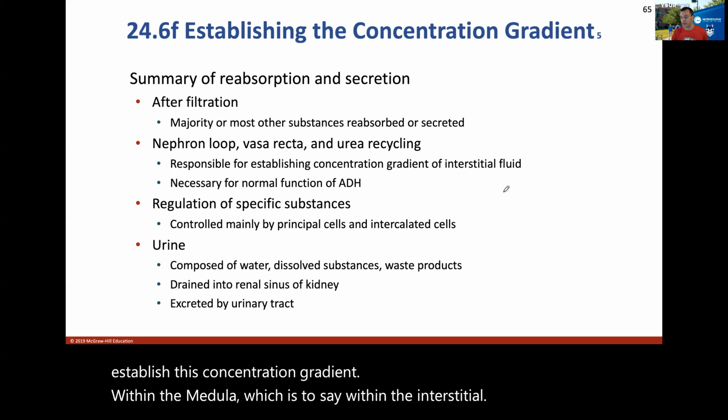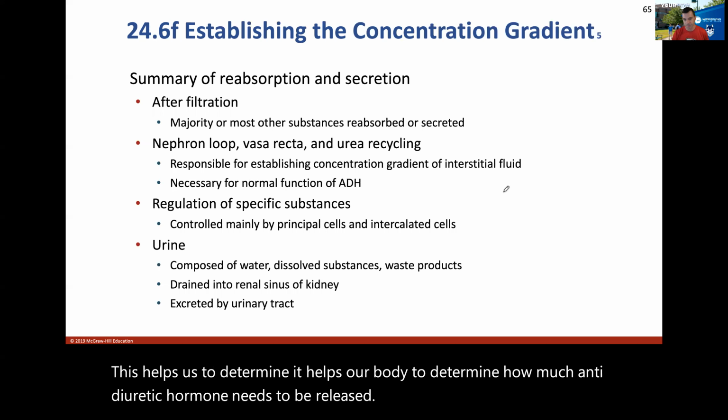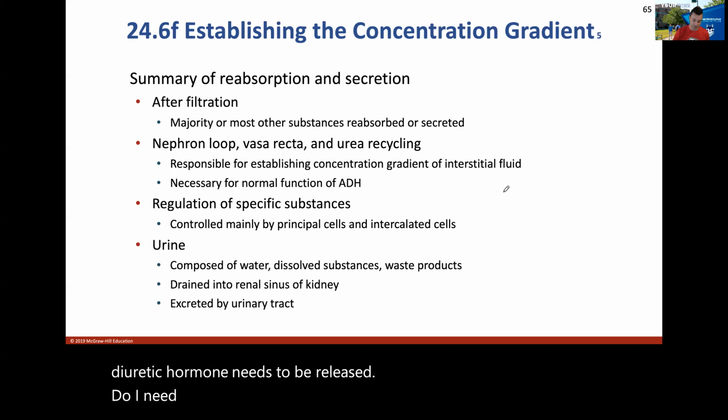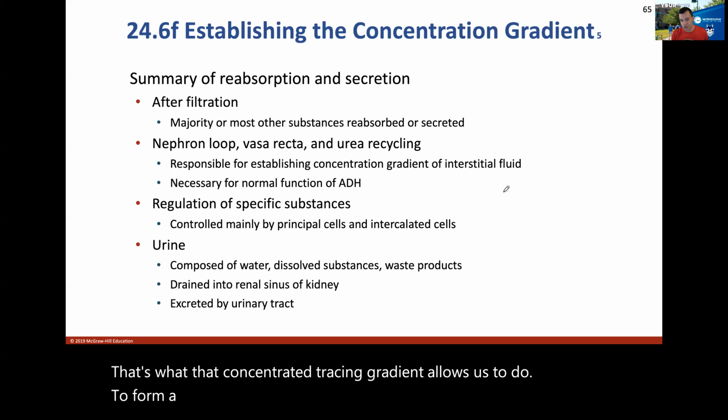This helps our body to determine how much antidiuretic hormone needs to be released. Do I need to release a lot of it? Do I need to release none of it? Very little of it? That's what that concentration gradient allows us to do, to form a more concentrated urine like I keep talking about.